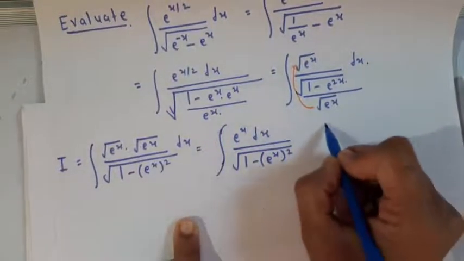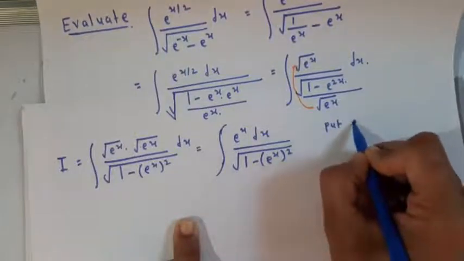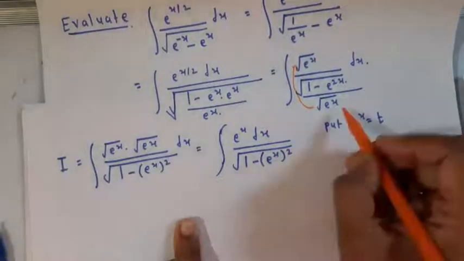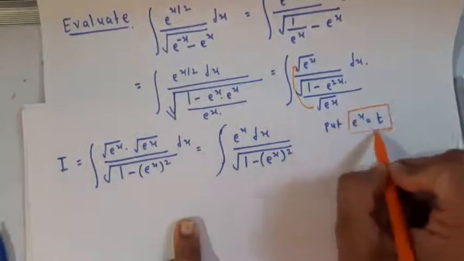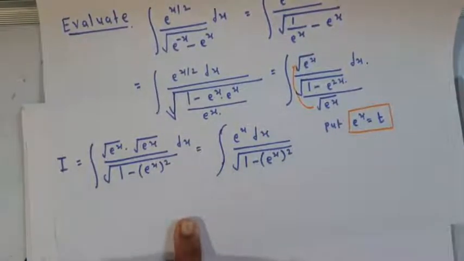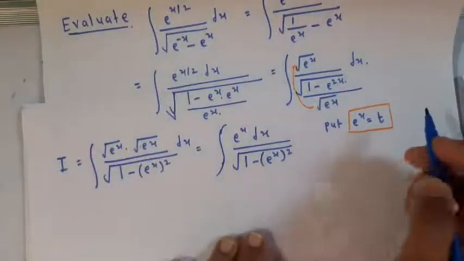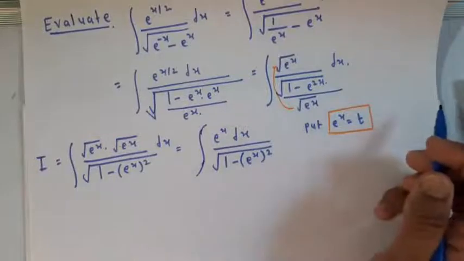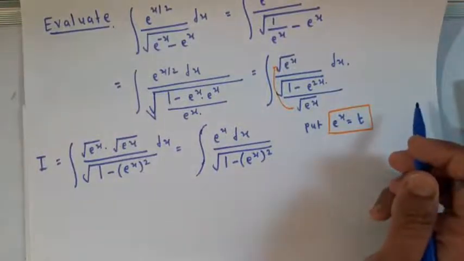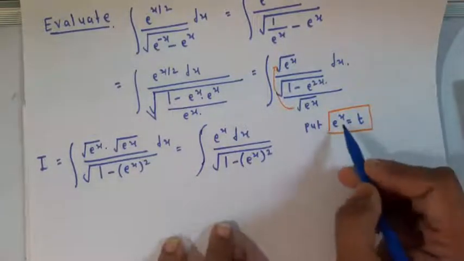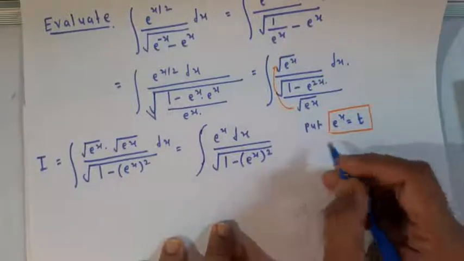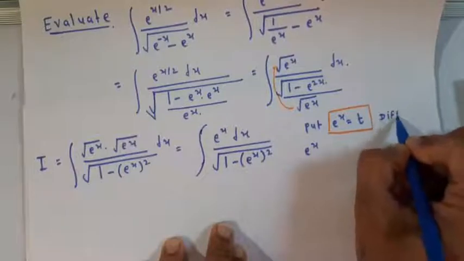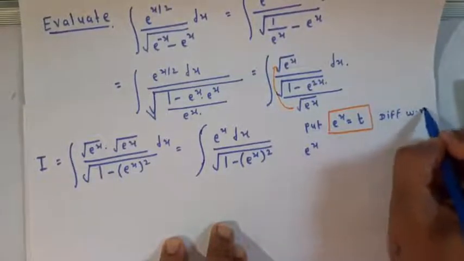For this integrand, if we put e raised to x equal to t, then our problem will be converted into a suitable integrable form that we can solve easily. Whatever the substitution, differentiate it with respect to x.